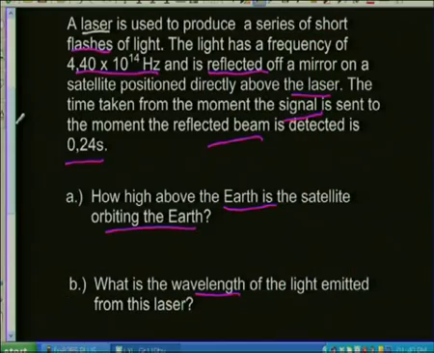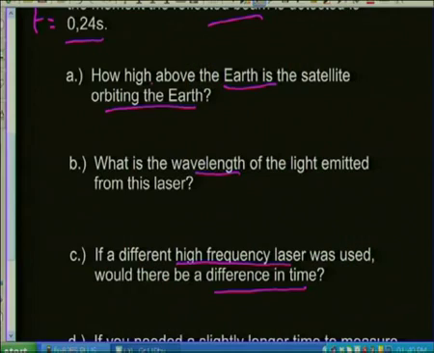Okay, so when you're given an exam question, it's really important, don't just read part A, because it might be that parts B, C, and D give you some ideas of how to answer A. You might also want to list the information that you've been given, so that you can see very clearly what you've got. So what we know so far is that we've got the frequency, and we've got a time, the time equal to 0.24 seconds.